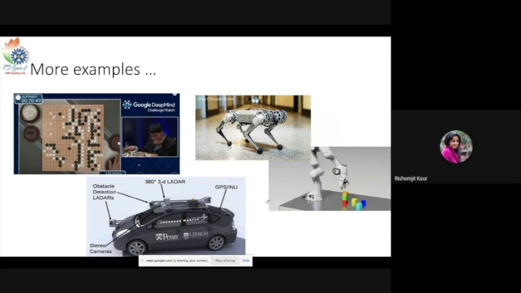It is also being used in a lot of automation and manufacturing setups. I have already talked about the example of games, right? Google DeepMind's AlphaGo, where AI machine learning algorithms won over the world champion. And how did it do that?